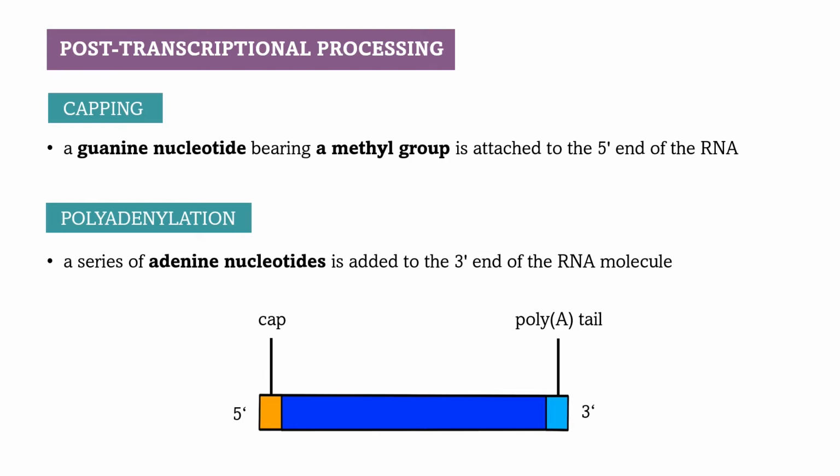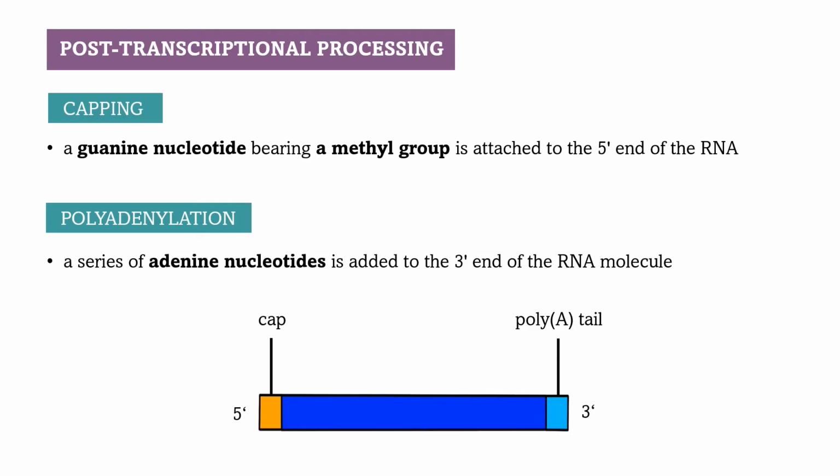Because multiple adenine nucleotides are added, the process is called polyadenylation. Poly means many. Capping and polyadenylation are important because they protect the RNA molecule from degradation, facilitate its transport from the nucleus to the cytoplasm, and facilitate translation.